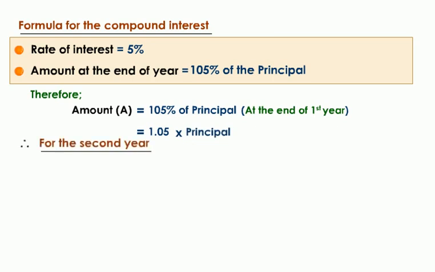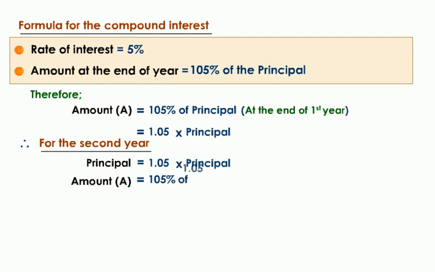105% of 1.05 principal, that is 105 divided by 100 into 1.05 into principal at the end of second year.